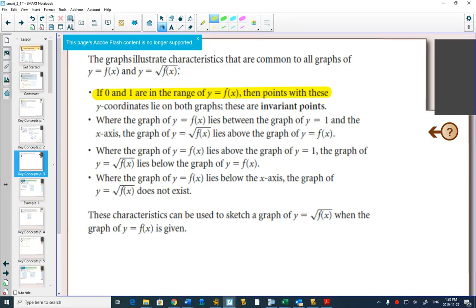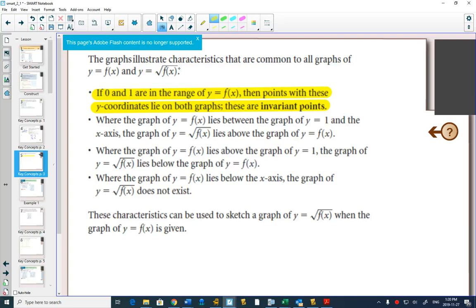If you have 0 and 1 for y values, those points don't change. That will always be a key with this new technique for graphing square root functions. You'll graph the function inside and say, are there any places where the y values are 0 or 1? Because if they are, the square root of 0 is 0, square root of 1 is 1.